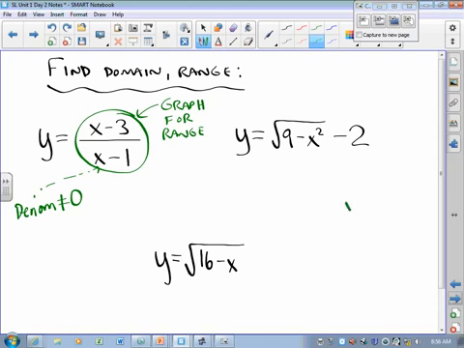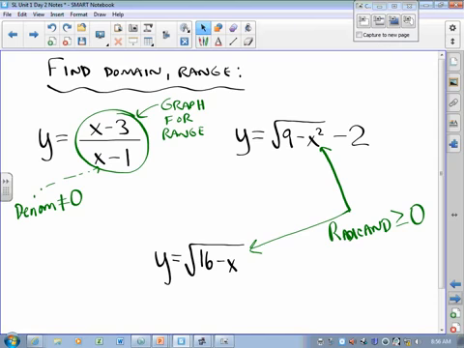I picked 2 radical functions because when you have a radical, your radicand, the thing that's underneath the radical, has to be non-negative. And so in each of those cases, we could find domain algebraically by setting the radicand greater than or equal to 0. And then we do some algebra from there.